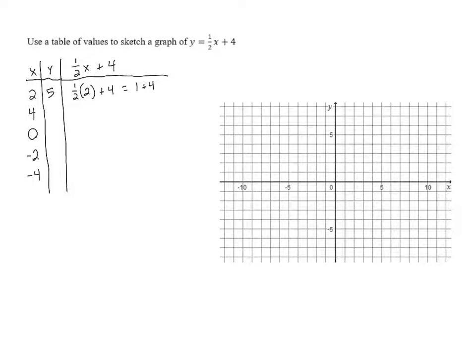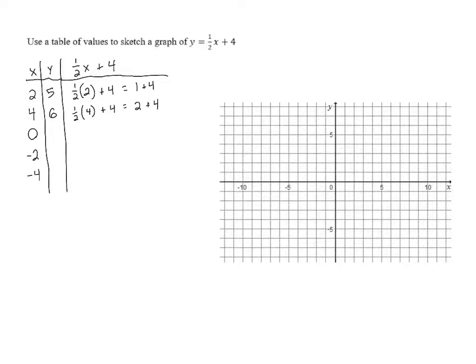Next, let's substitute in x equals 4. We have 1/2 times x, which in this case is 4, plus 4. 1/2 times 4 is 2. And then we have 2 plus 4 gives us 6 in this case.